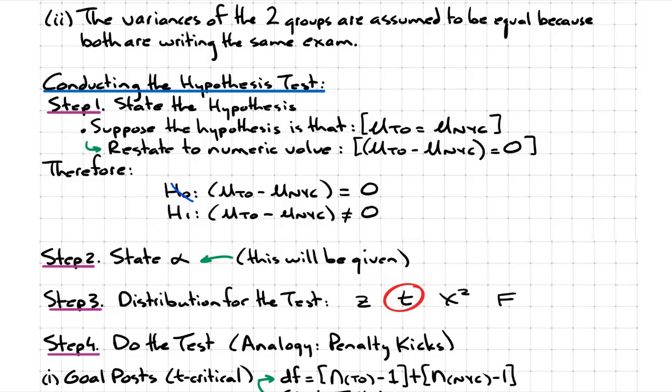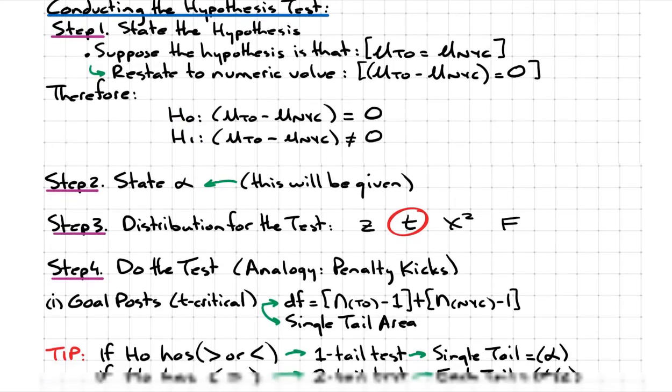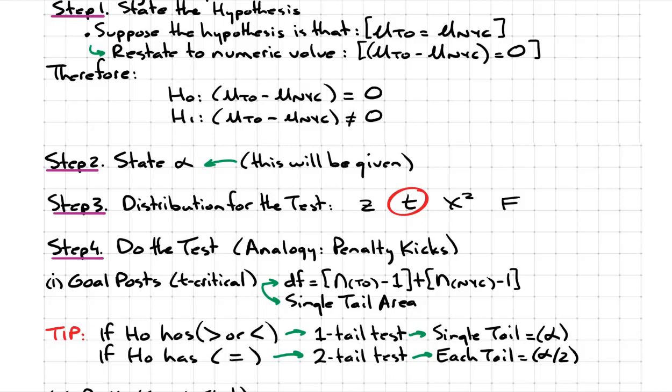The second step is to determine the level of significance. Now this will generally be given to you, and the level of significance determines the width or the acceptance range for the null.